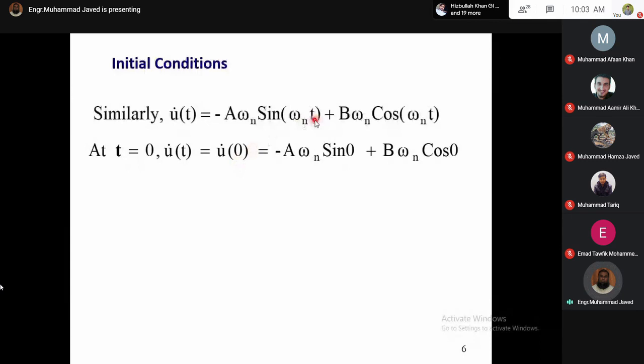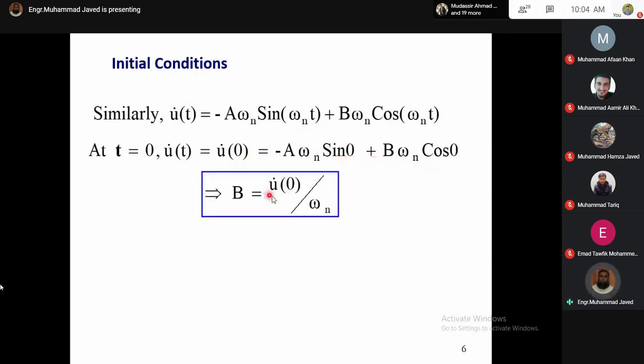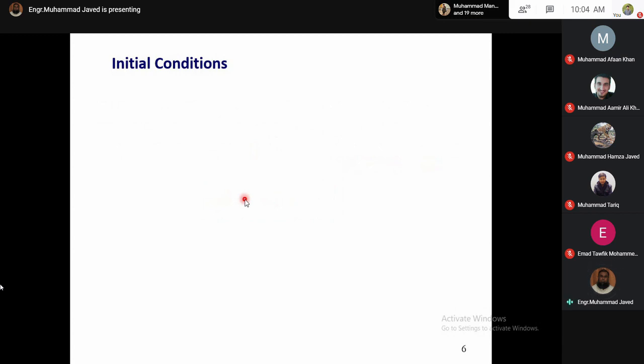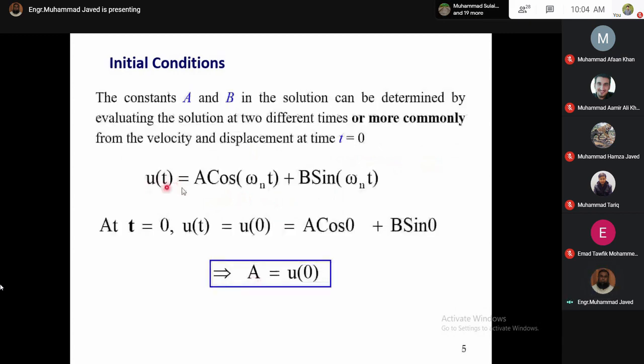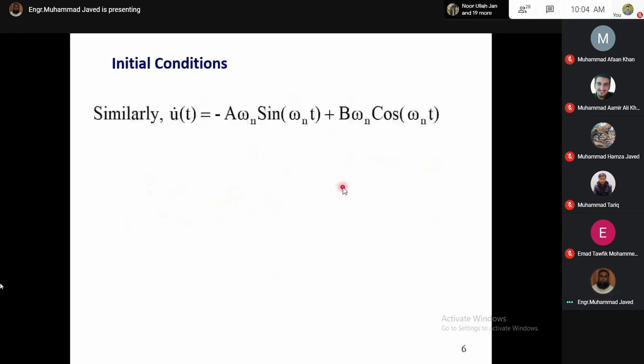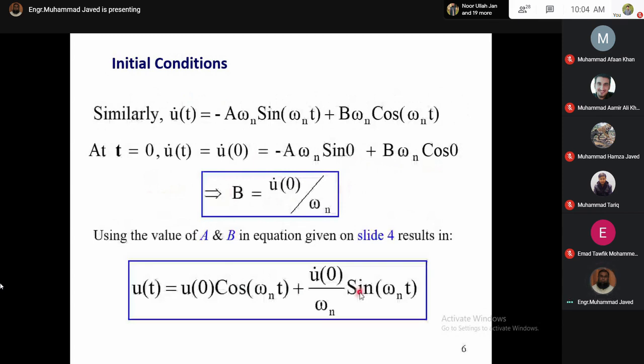By inserting the value of t equal to 0, you will get this. Again, sin 0 is equal to 0 and you get b is equal to u dot of 0 by omega n. अब आपने b की वैल्यू और a की वैल्यू जो मालूम कर ली है, ये सोल्यूशन पार्ट में डाल दें. You will get this equation. So this is the solution to the equation of motion of undamped systems when subjected to free vibration.